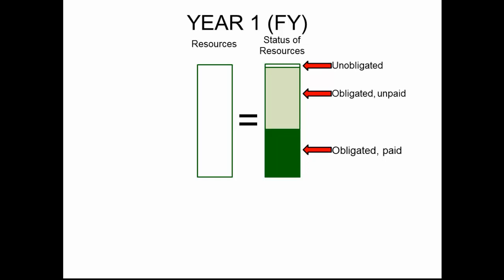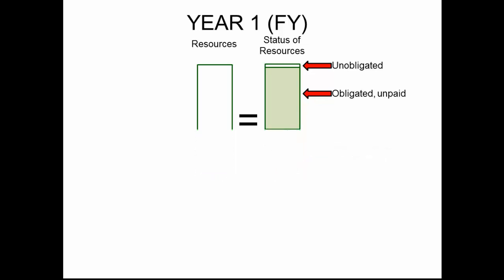This unobligated balance represents that portion of the original resources that did not get obligated before the period of availability expired. As we reach the end of year 1 and close it out, the paid obligations and the resources that paid them go away, leaving only the highlighted portion to track in year 2.